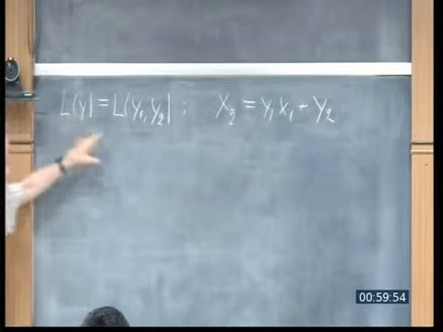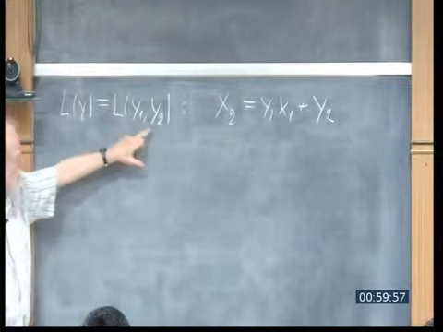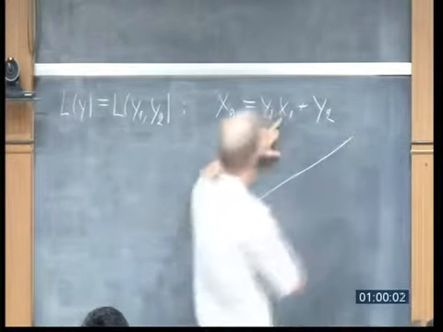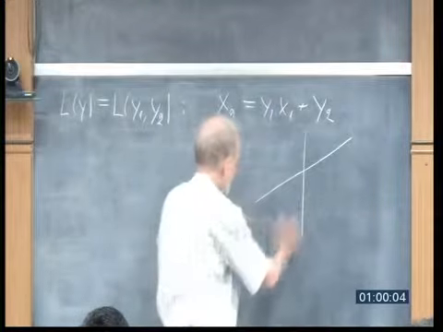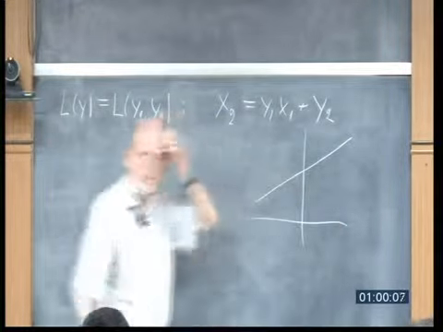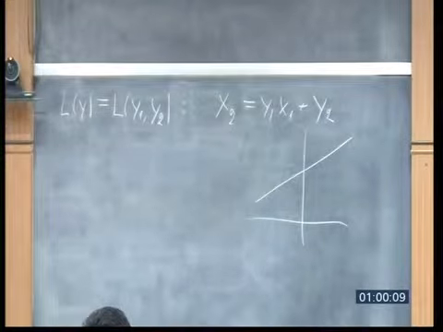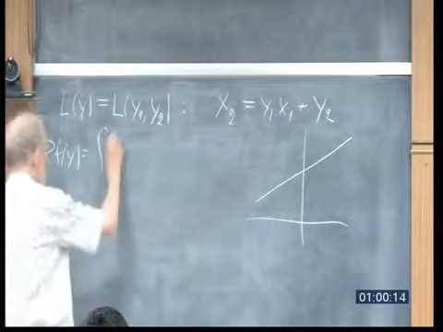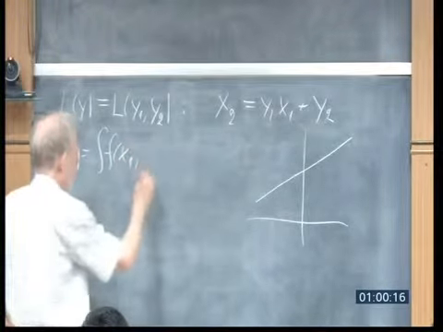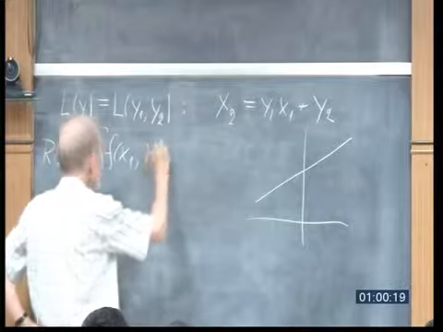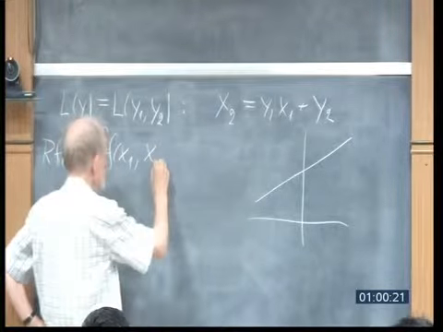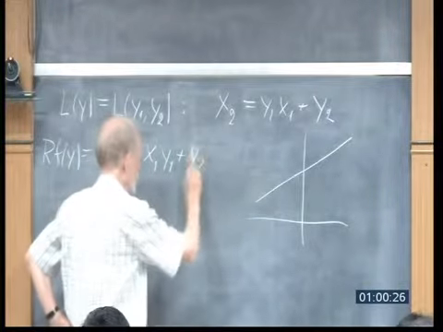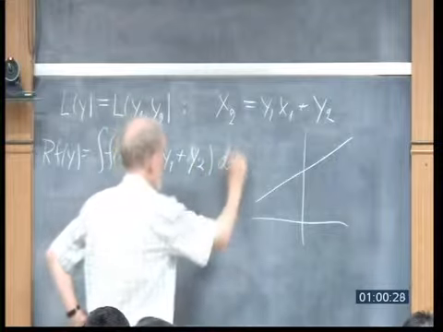So the line is parameterized by y1, y2: the slope is y1 and its position is determined by y2. So Rf(y) is the integral of f, where I just plug in the values of x2 from here, x2 = y1 x1 + y2, dx1.